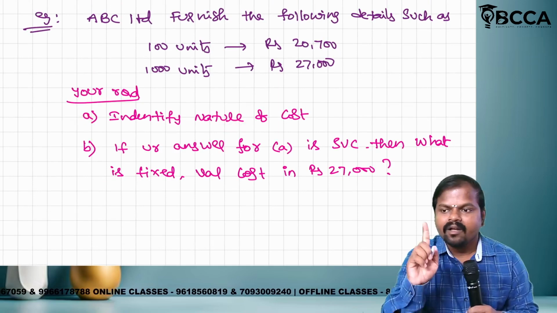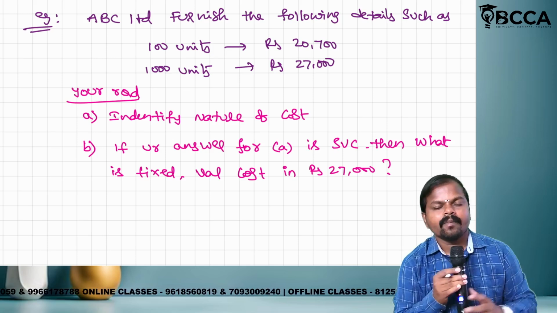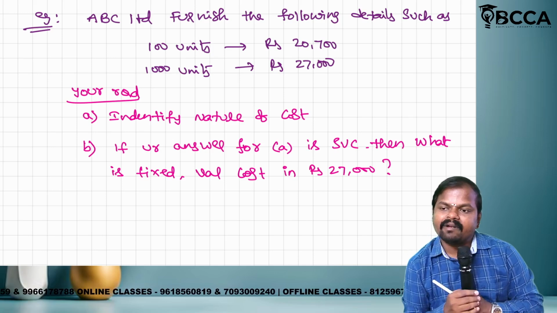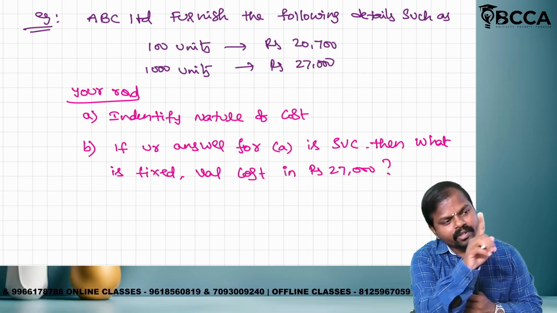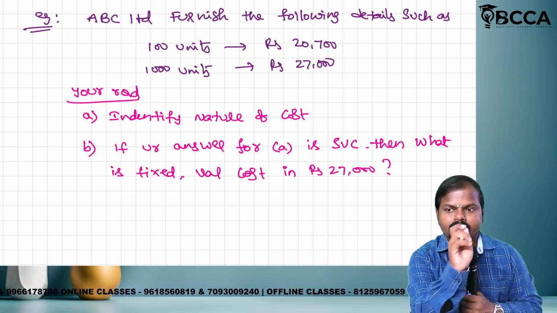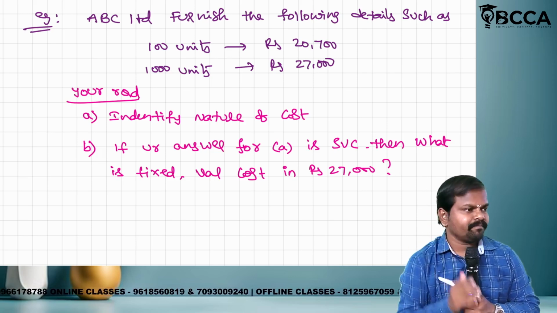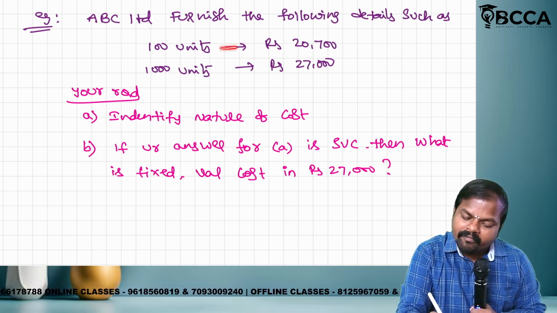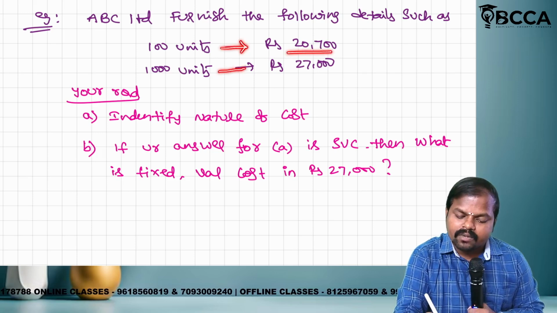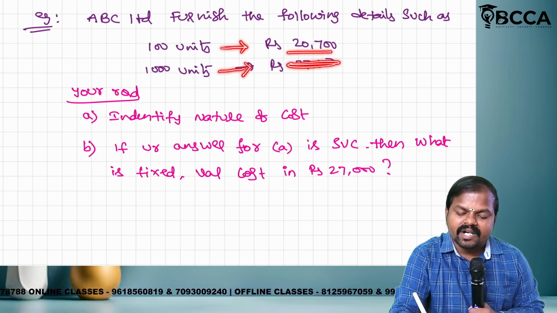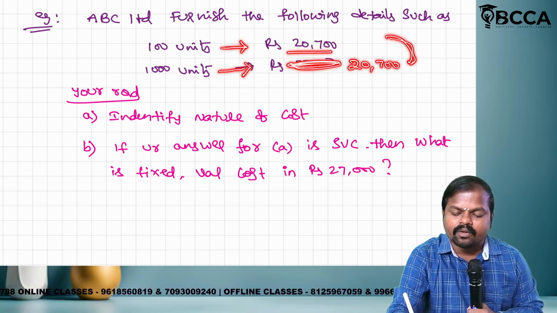We will check whether it is fixed cost or variable cost. What is fixed cost condition number 1? Don't just say constant, say the full form: cost in totality should be constant or the same. Correct? Now, for 100 units, how much? 20,700. For 1,000 units, how much? Instead of 27,000, if they gave 20,700, we could conclude that it is the same.